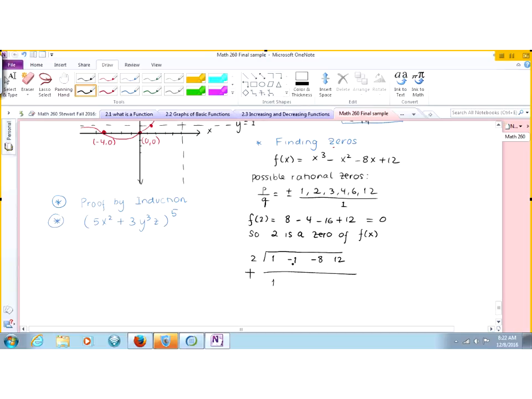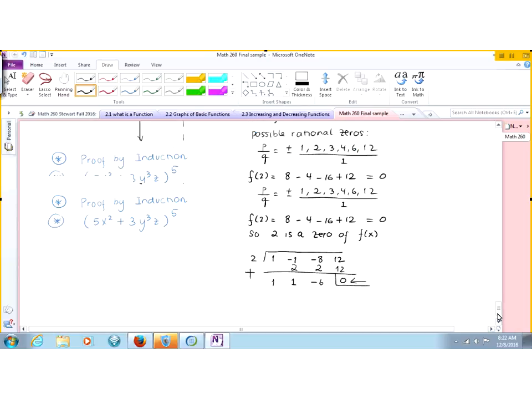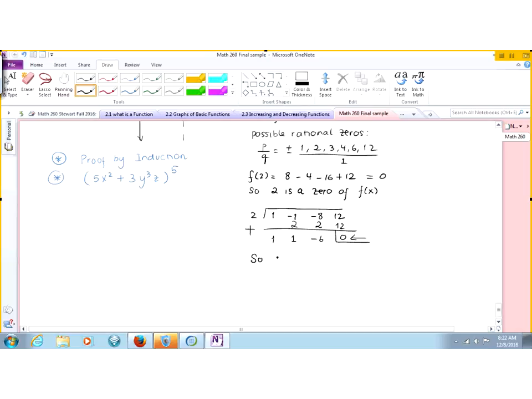Bring down the 1. 1 times 2, 2, 1. 1 times 2 again, 2 again. So this is negative 6, 12, 0. Then what? So f of x is equal to x minus 2 times x squared minus x minus 6.